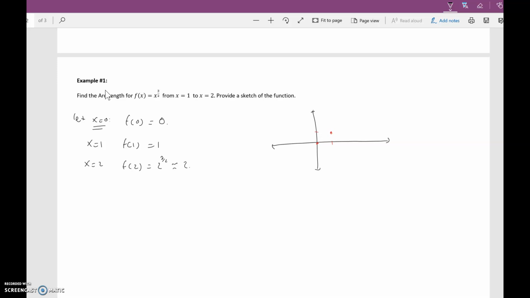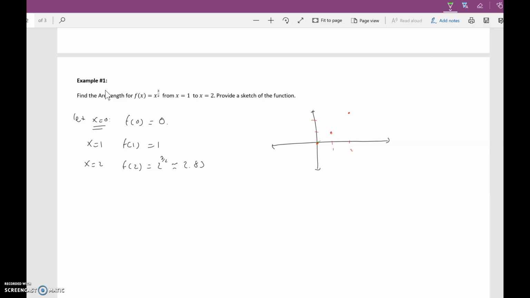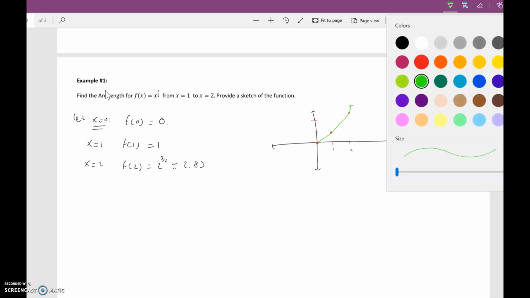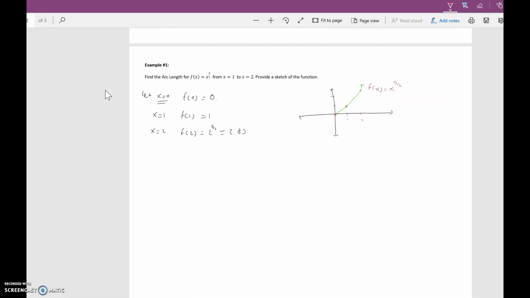So we're talking about (2, 2.83), just estimating it about there. So this particular one is going to be this curve going in this direction. Not to scale, of course, but this is f of x is equal to x to the 3 halves.